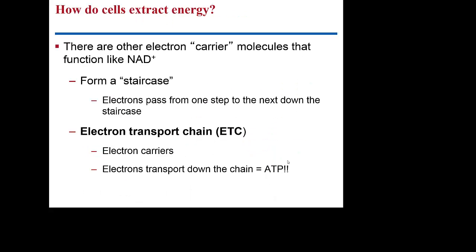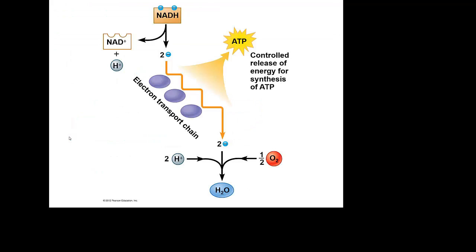In particular, we're interested in NAD+ taking electrons to something known as the electron transport chain. This is where we're going to see the majority of the ATP built inside your cells.